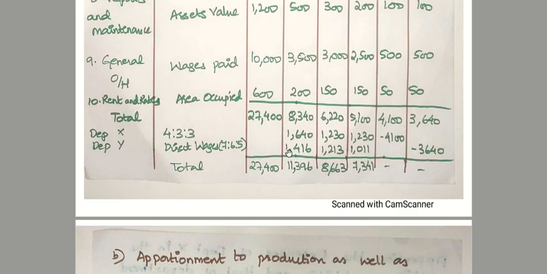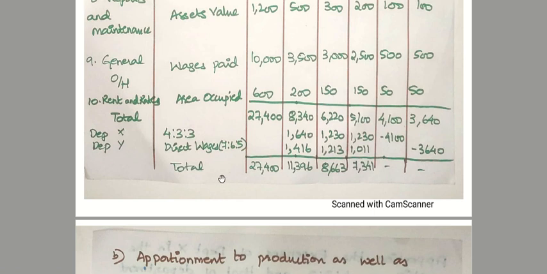So on that ratio, if you apportion, you will get the amounts to be 1,460, 1,230 and 1,011, and you will minus this from your service department, which is 3,640. Why? Because we are apportioning this amount to the production department, hence it will be minus from your service department.